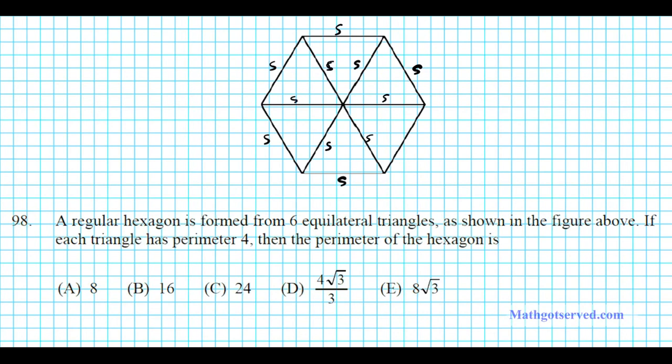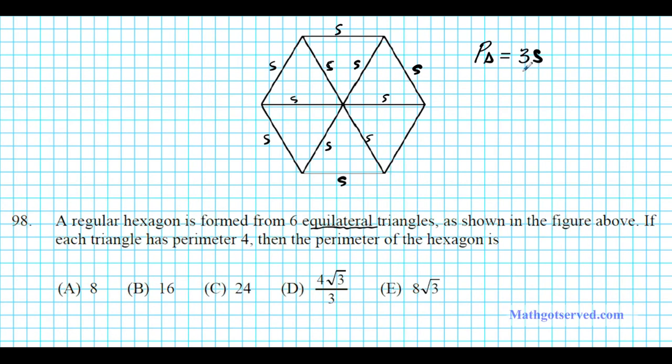Okay? So in this situation, we're dealing with a triangle. The perimeter of a triangle is the sum of the lengths of the 3 sides. But since these 3 sides are congruent, because it's an equilateral triangle, we're simply going to triple the length of a side. So S plus S plus S, 3S, is the perimeter of your triangle.